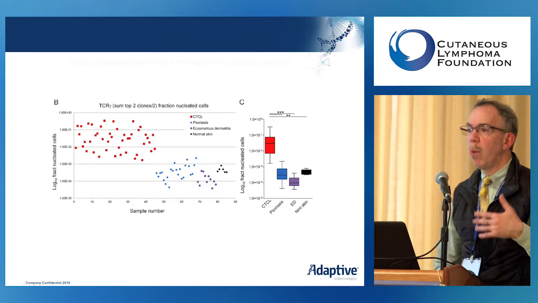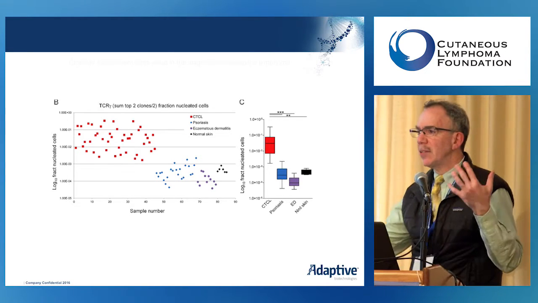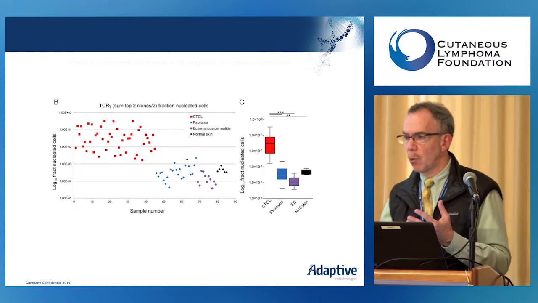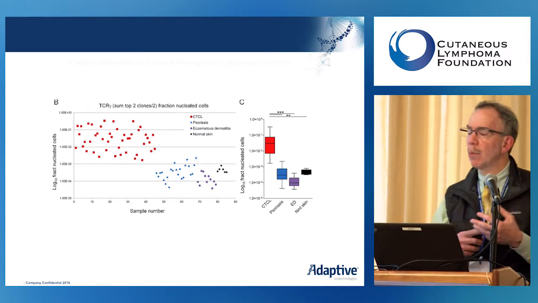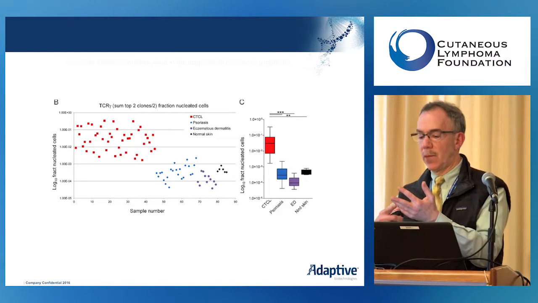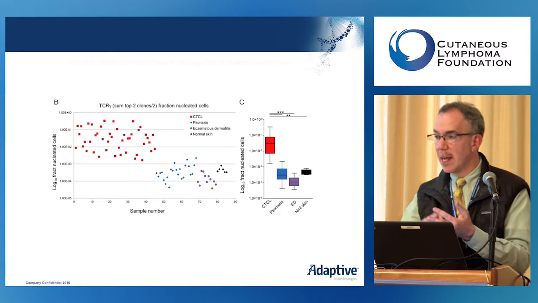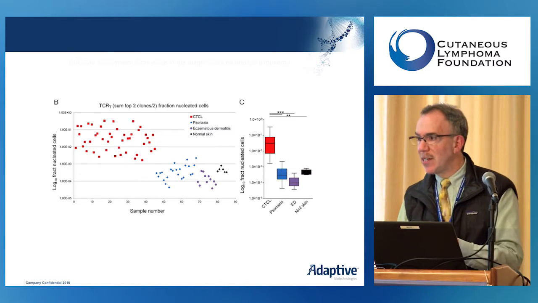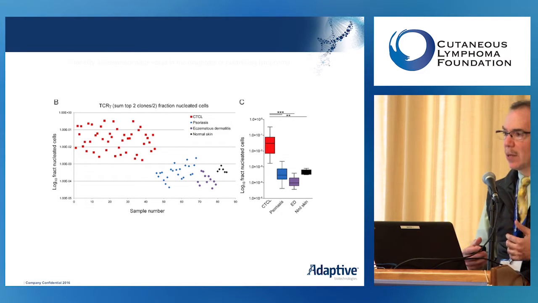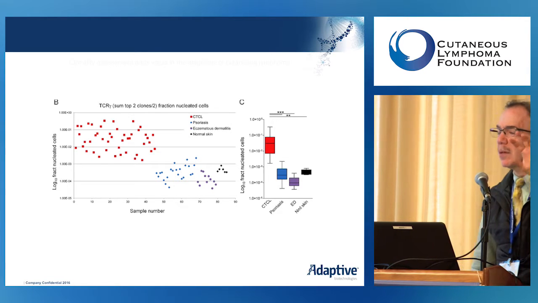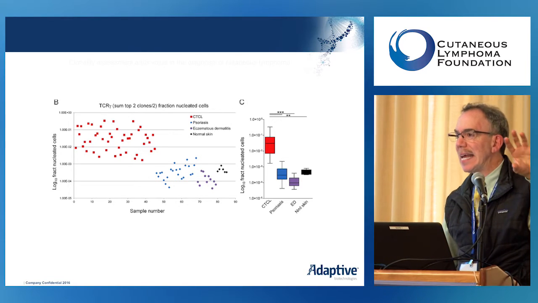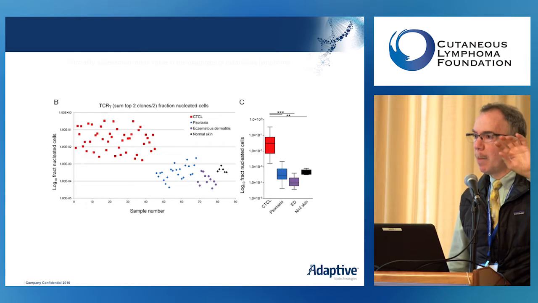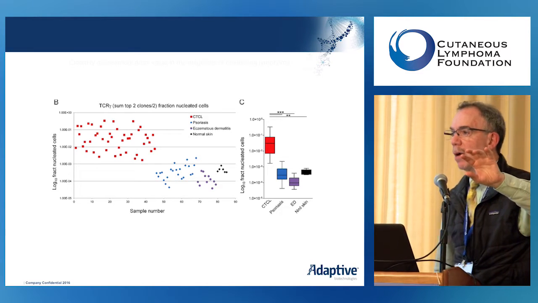And here, what was done was that a series of different skin biopsies were looked at. And there were some that, because of history, presentation, et cetera, were believed to be very, very likely mycosis fungoides.